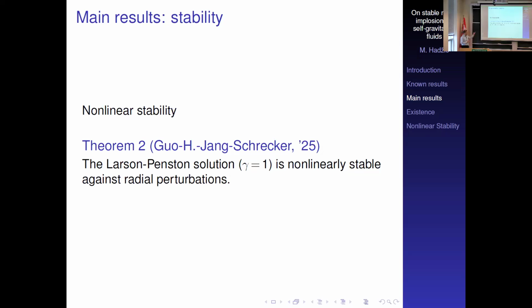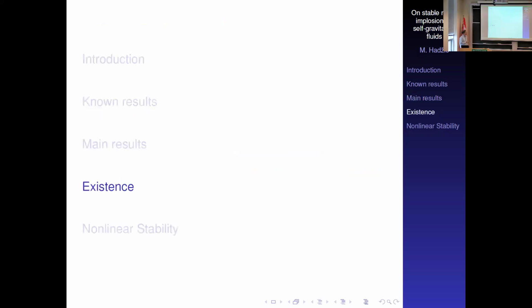And it's also an example of a stable, smooth implosion, which is a good way to think about it. So what are the results? Existence and stability. Let me say a few words about existence first, before I can say anything about the stability.